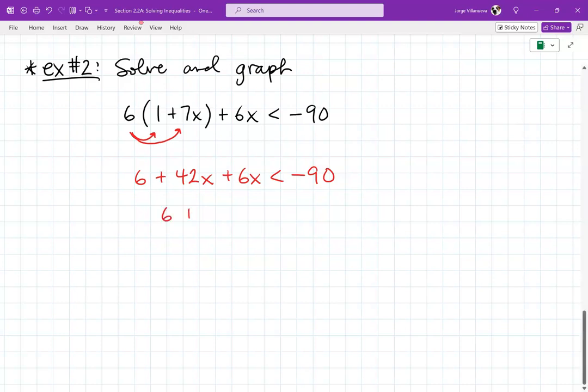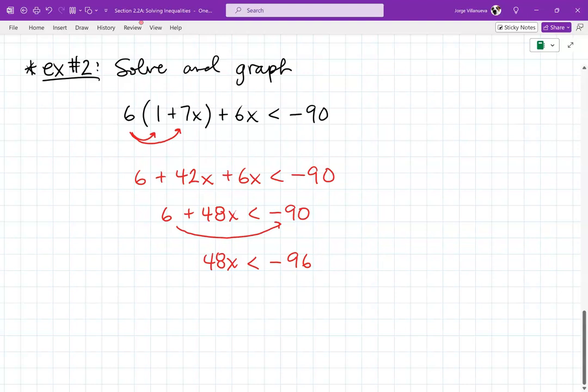So 6 plus 48x less than negative 90. Now I'm going to have to move that 6 out of the way, right? So I'm going to subtract it on both sides, okay? So I'm going to move that 6 over to that side, so I'm going to make it negative. So negative 90 minus 6 is negative 96, and I have 48x.